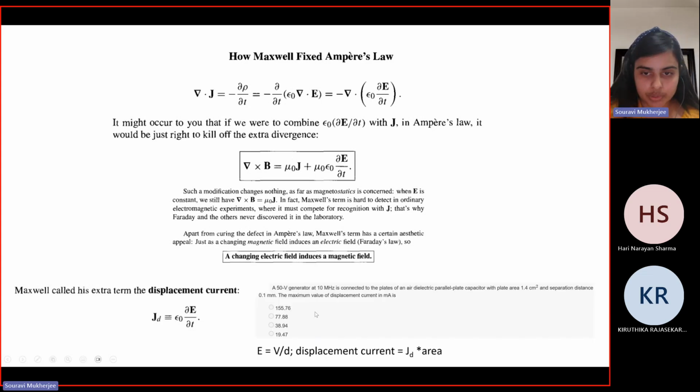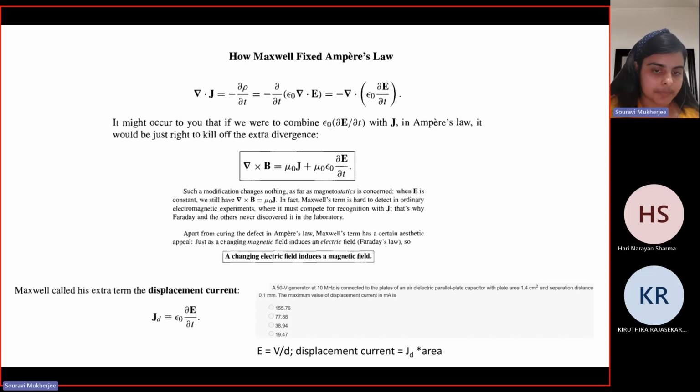So this was one such question which came in last year's assignment, which said that you have a 50-volt generator at 10 megahertz connected to plates of an air dielectric parallel plate capacitor. The plate area is given, the separation distance is given. You have to find the displacement current, the maximum value of displacement current. Okay.